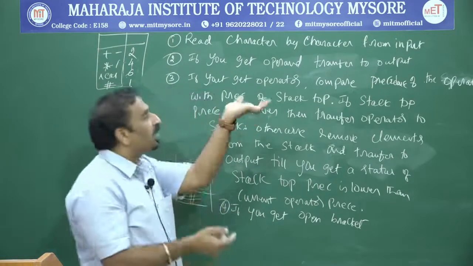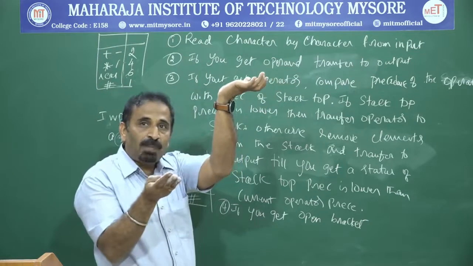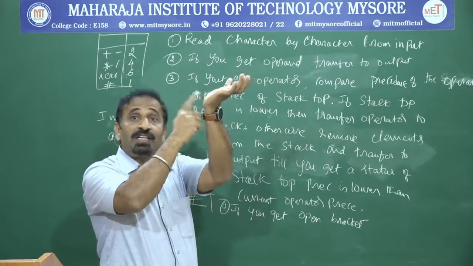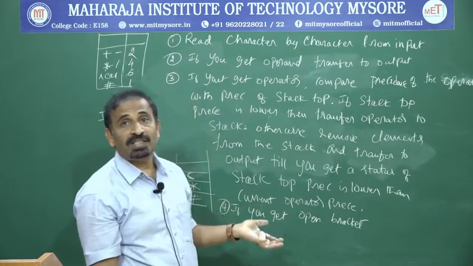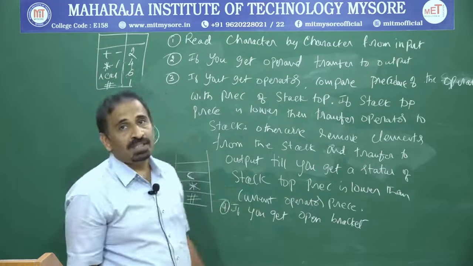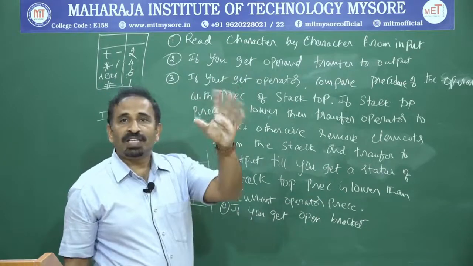Since I am comparing this with the stack top, this will always be higher when it is outside the stack. Once it has gone inside the stack, its precedence will become lowest. Therefore, no need of checking.